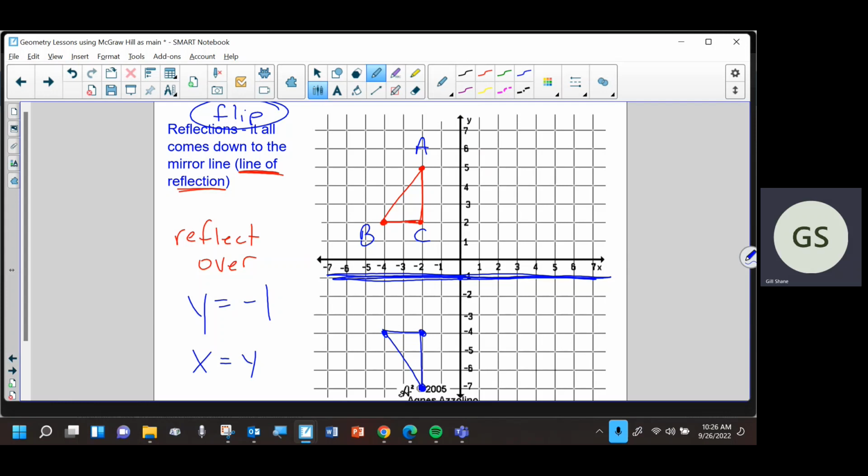So jot those down, or I've already recommended them to you in IXL. So if you just look for the ones I recommended and say reflections. There's a bunch of other ones for transformations. I recommended every transformation IXL already. But the only ones that you really know how to do so far are translations. And then you should know how to do some of the reflections, but we didn't cover all of them yet.